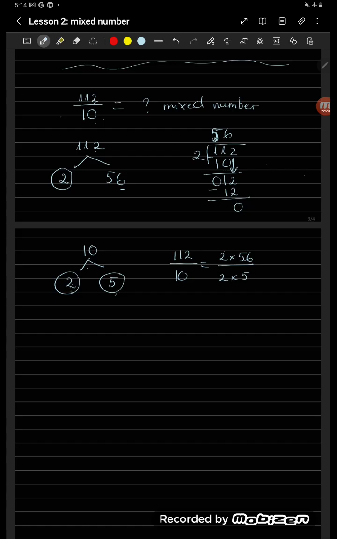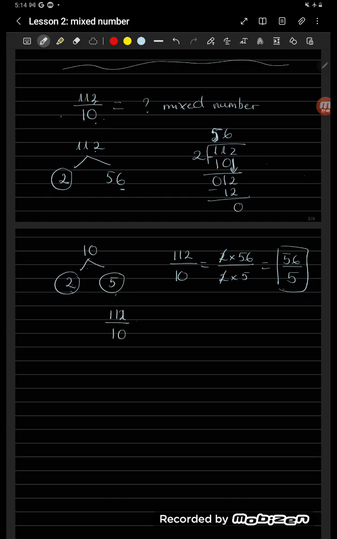We can only do cancellation if it is multiplication, for both the top part and the bottom part. The top part has one number 2, the bottom part has one number 2, so cancel them. Now the answer is only 56 over 5, the fraction we need to care about.